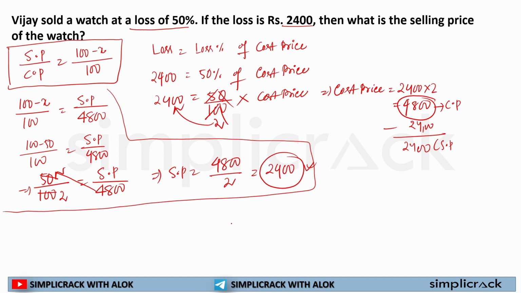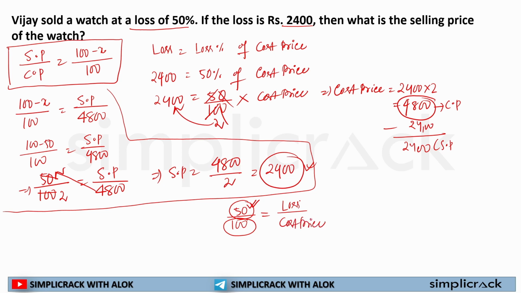So we understand 50% out of 100 is my loss. 50 percentage out of 100, it means out of every 100 cost price, you are losing 50 rupees. So I can write it as loss by cost price, right?